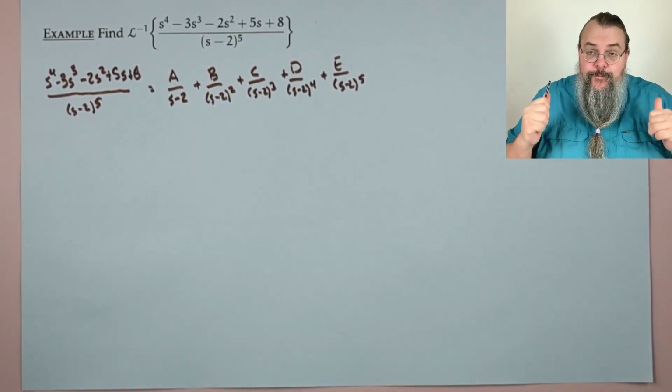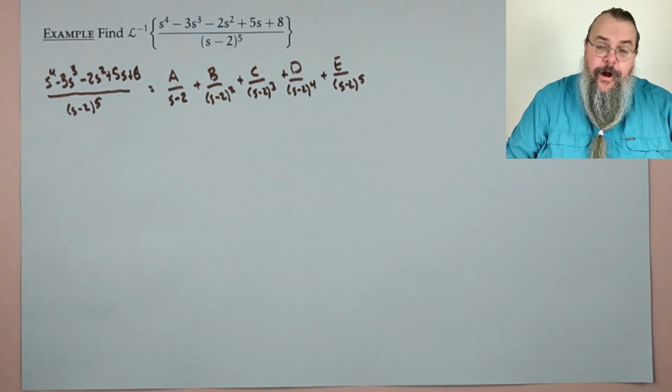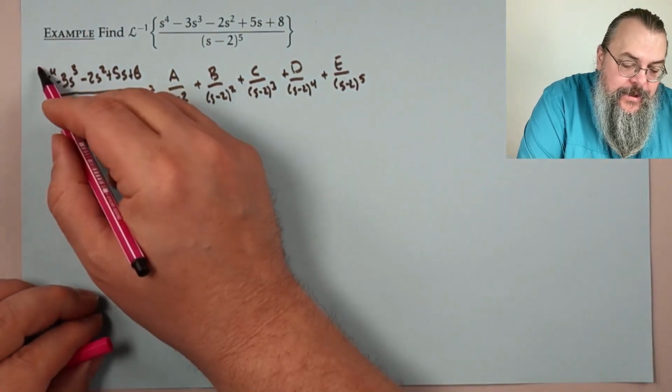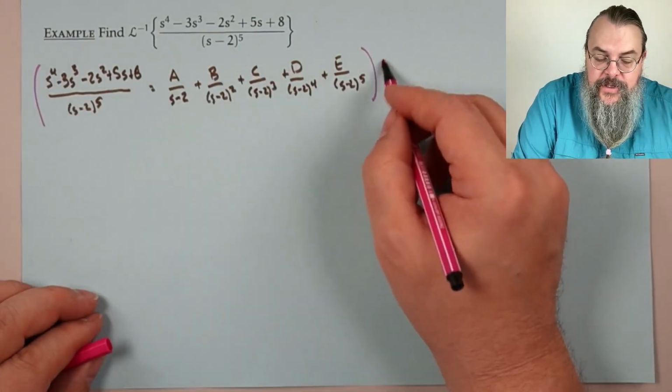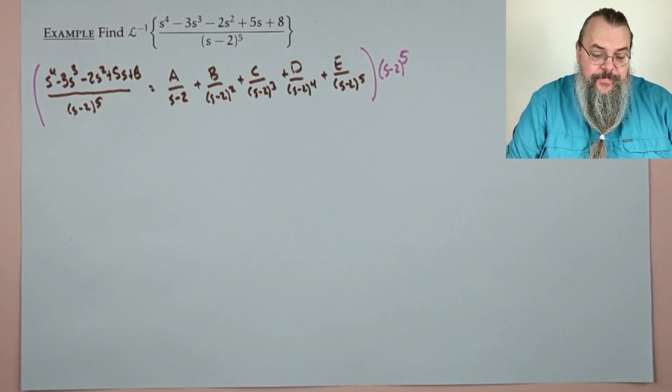What do we do? We start as we always start. We clear out the denominators, so multiply everything by s minus 2 to the fifth.